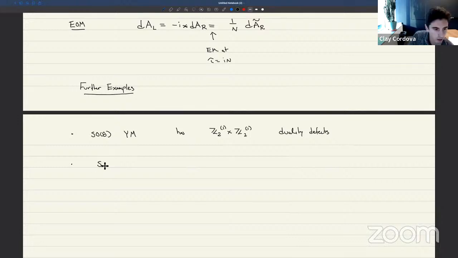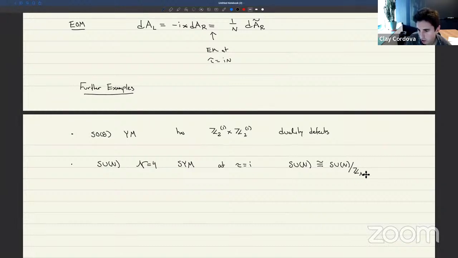You could look at, of course, SU(N) N equals 4 super Yang-Mills at tau equals i. Well, at this special locus, SU(N) super Yang-Mills is identified with SU(N) modulo Zn gauge theory with the same symmetry.